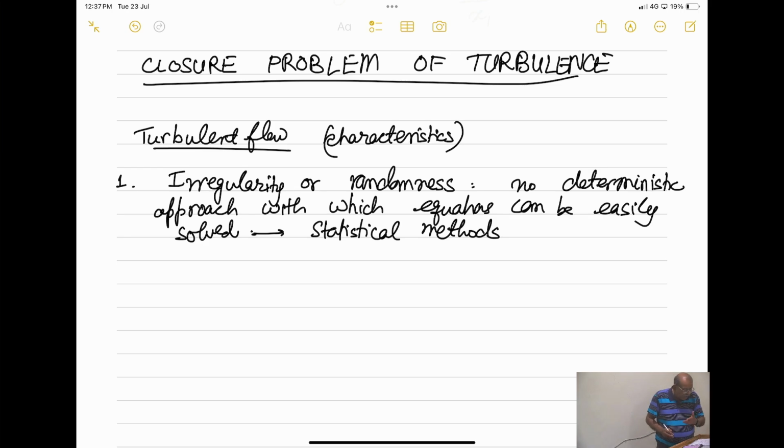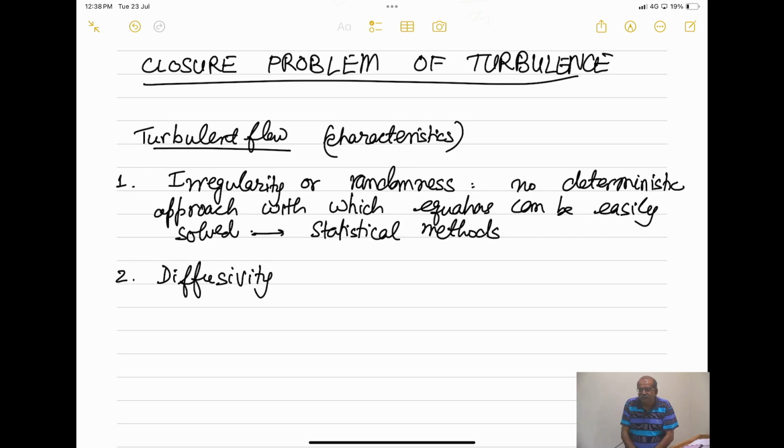So coming back to the physical properties of turbulent flows, the characteristics, the first one which we talked of is irregularity or randomness. The second one, which we again looked at yesterday, is that in all turbulent flows there is very high diffusivity.